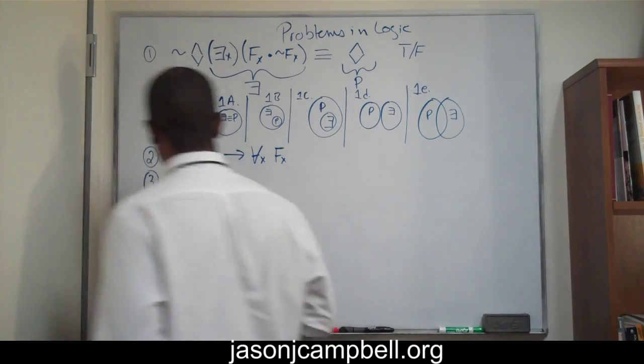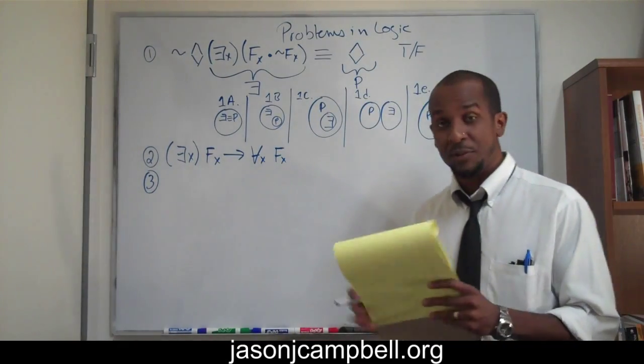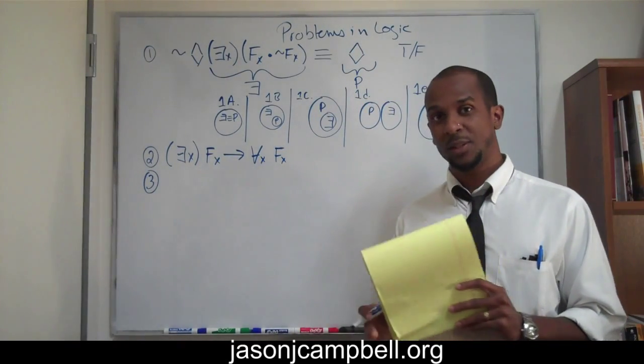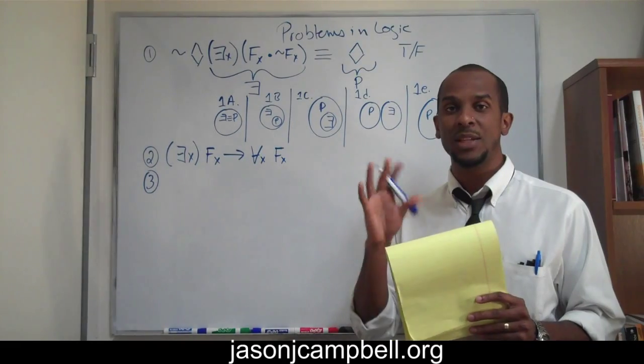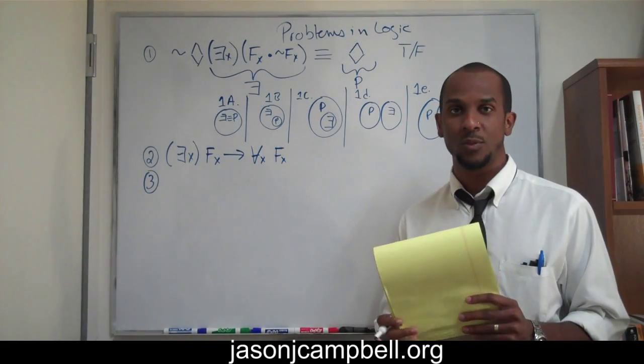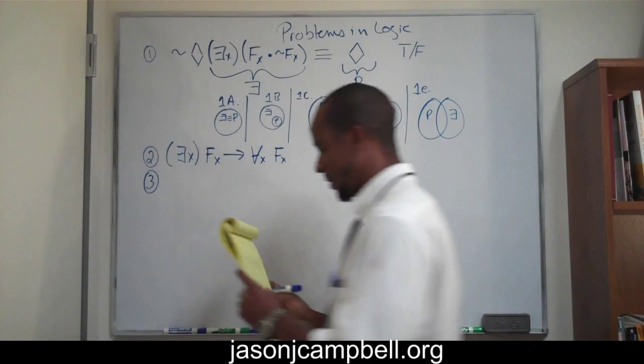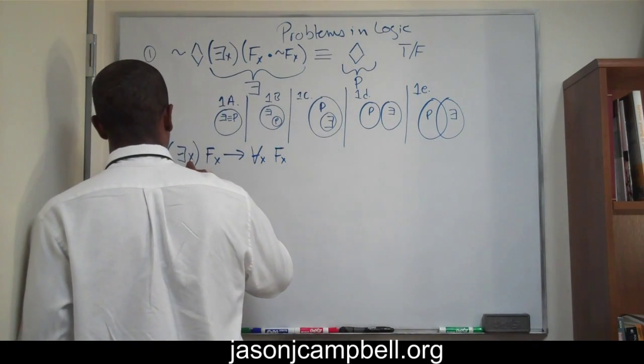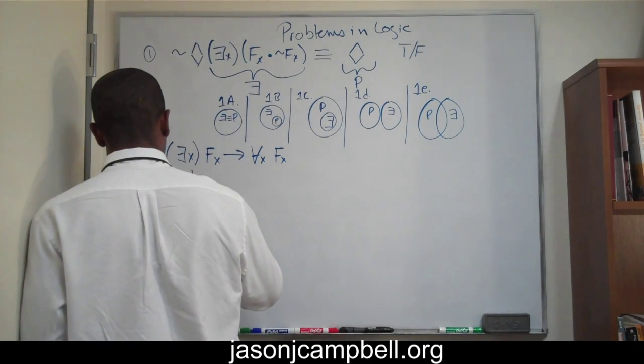Problem number 3. I'm going to draw a series of Venns, and I would like to see what the community of viewers have to say about how these Venns would be worded. How would you word these Venns? What do these Venns represent? So 3.1 is represented by this.